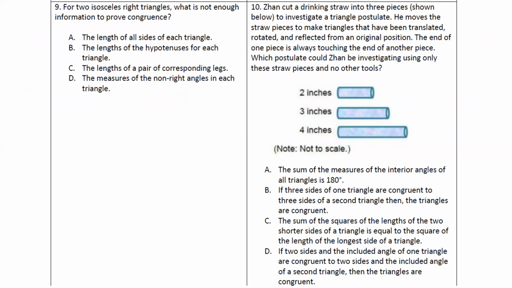Number 9, for 2 isosceles right triangles, what is not enough information to prove congruence? So we do know that in each one of these, we're dealing with a right isosceles triangle, which means that we have a right angle and we have 2 legs that are congruent.